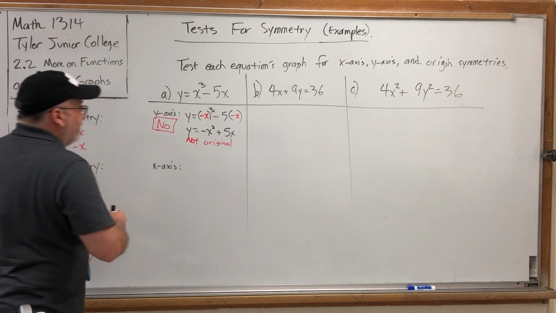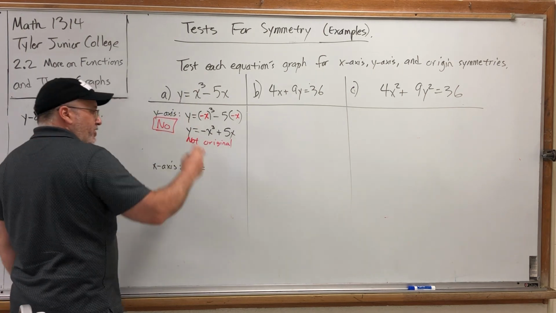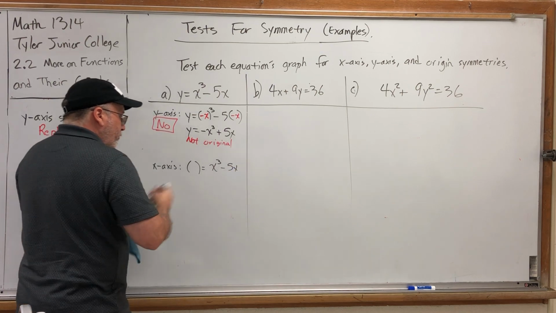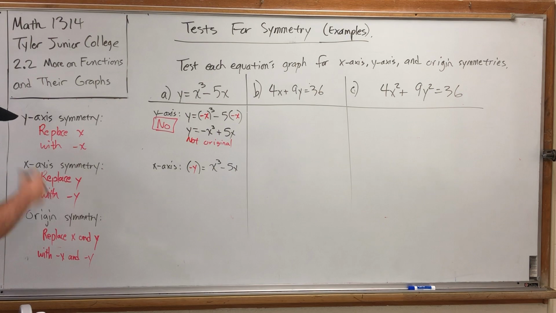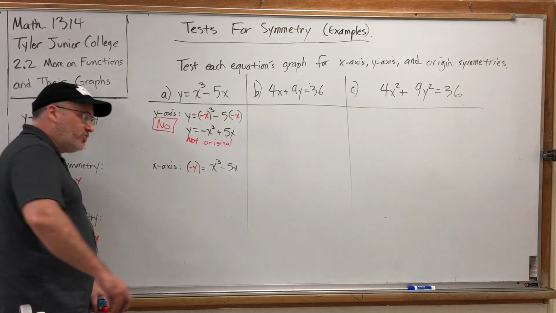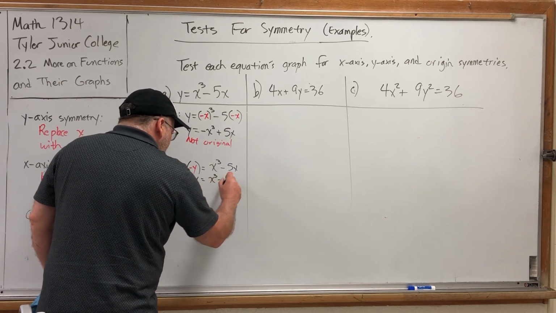So, let's take out the y, replace it with the parentheses, leave everything else alone, so x to the third power minus 5x, replace the y with a negative y, and then see what happens. Well, nothing happens because the y was the only thing on the left side, so now the only thing on the left side is negative y equals x cubed minus 5x.